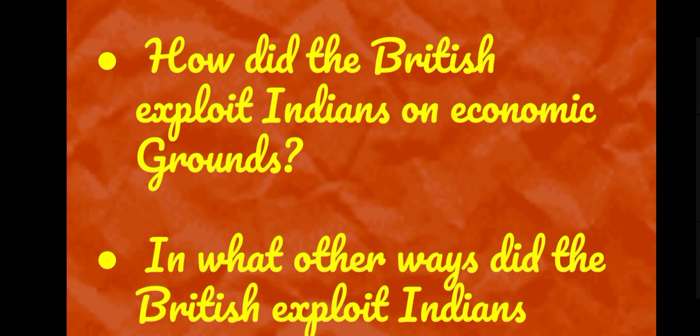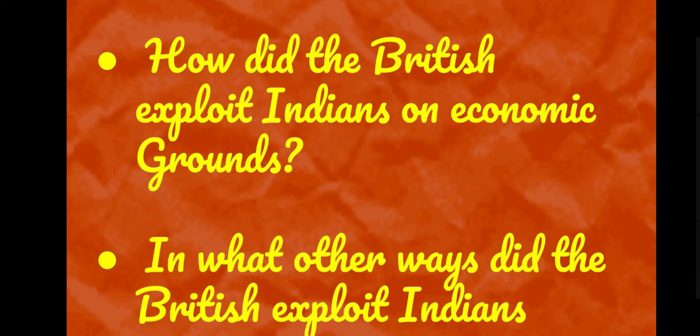As cash crops were grown instead of food crops, there was a shortage of food grains and rise in prices. Lack of food, high prices, and high taxation affected the people in the rural areas badly and resulted in frequent famines.